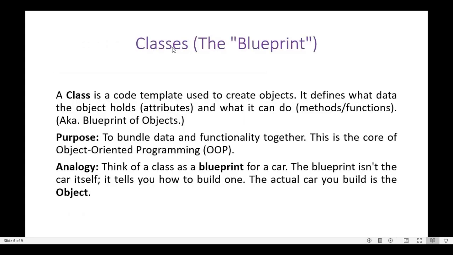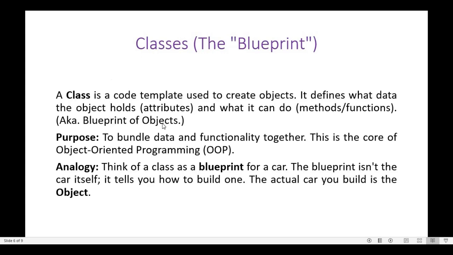So moving on to classes. Classes are nothing but the blueprint of objects. A class is a code template, a kind of blueprint, which is used to create objects. It defines what data the object holds, what attributes an object can have and what it can do, for example, the methods and the functions of the object.